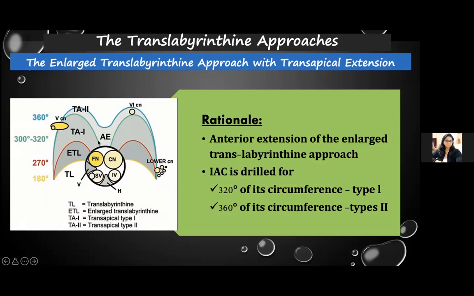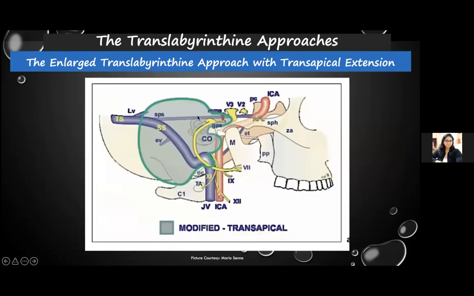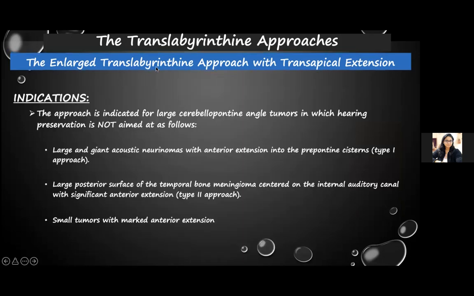So the rationale is that it is an anterior extension of the enlarged translabyrinthine approach, and it will be a 320 degree circumference exposure in type 1, and it will be a 360 degree exposure of the entire circumference of the IAC in type 2. Now this is a schematic representation showing the transapical extension of the enlarged translabyrinthine approach.